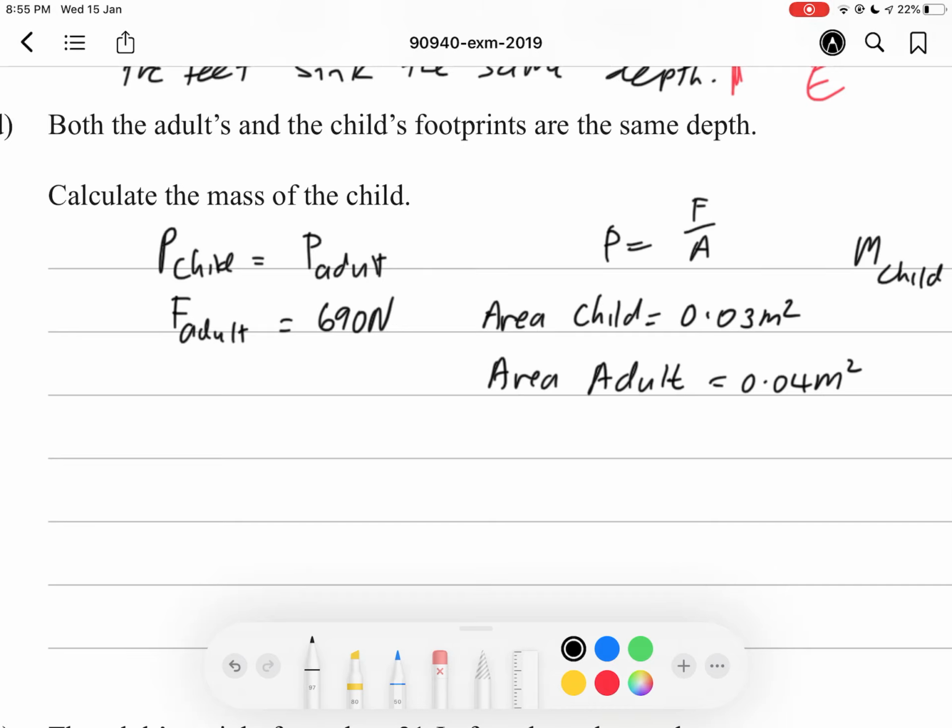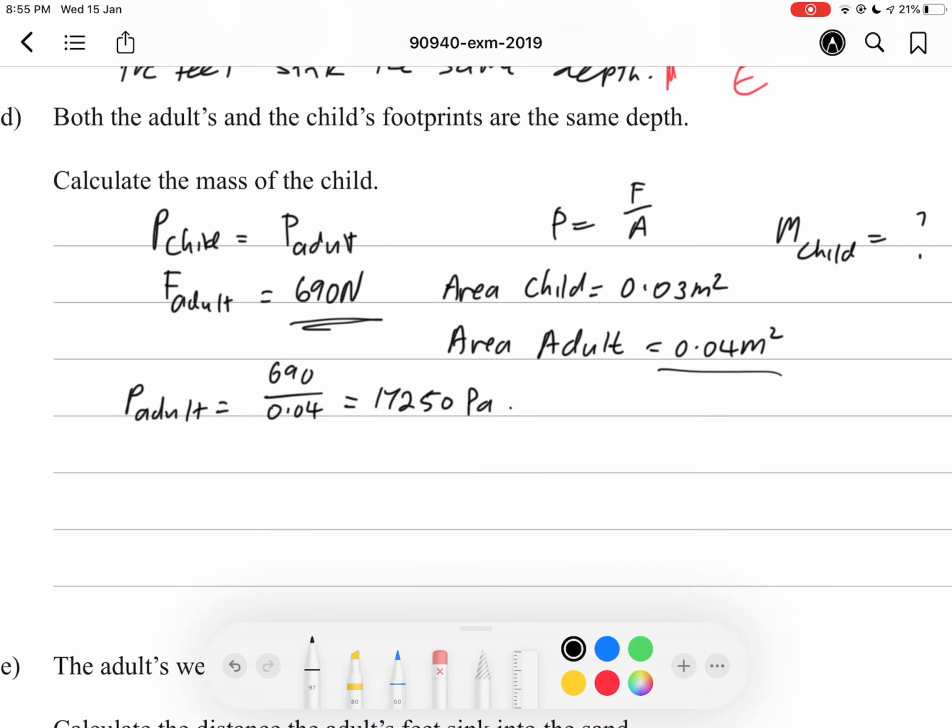Alright, so we know that the pressure of the adult can be calculated using this weight force divided by the total area of the feet. So the pressure of the adult is equal to 690 divided by 0.04, which equals 17,250 pascals. And that means the child also exerts 17,250 pascals, so we can use this and substitute to find the weight force of the child.